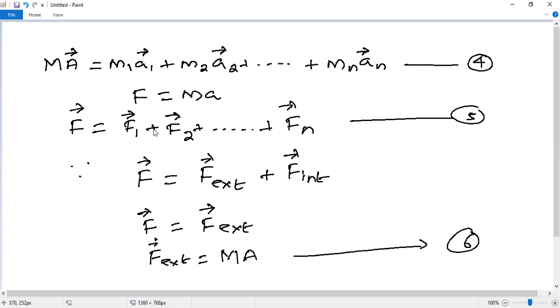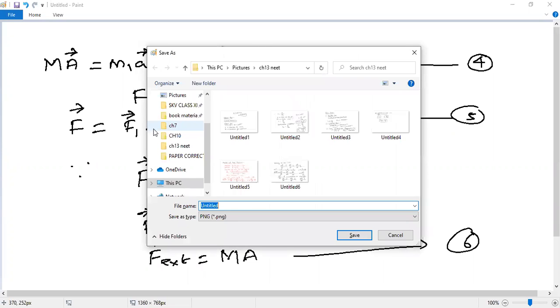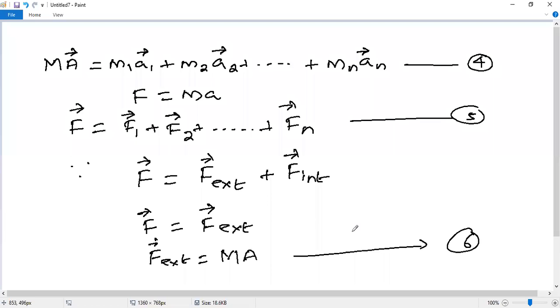So up to that, the motion of the center of mass is completed. First one velocity, second one acceleration, third one force. All three formulas start from the position vector.